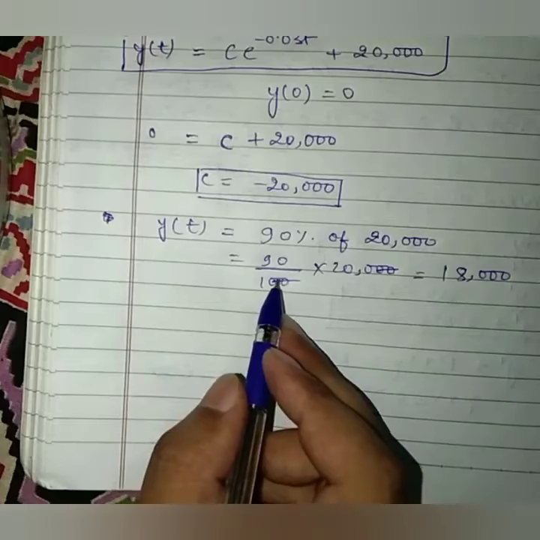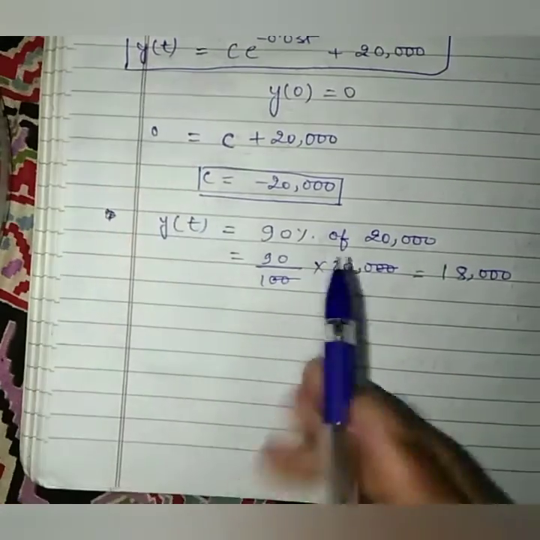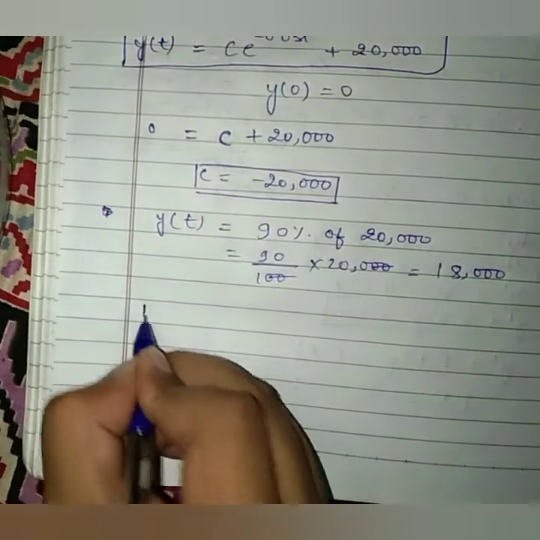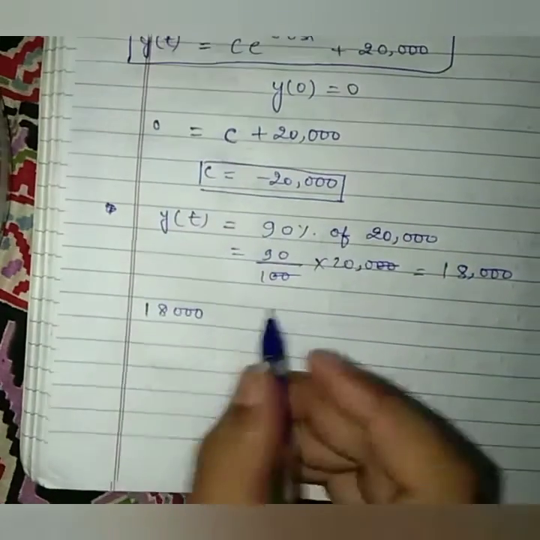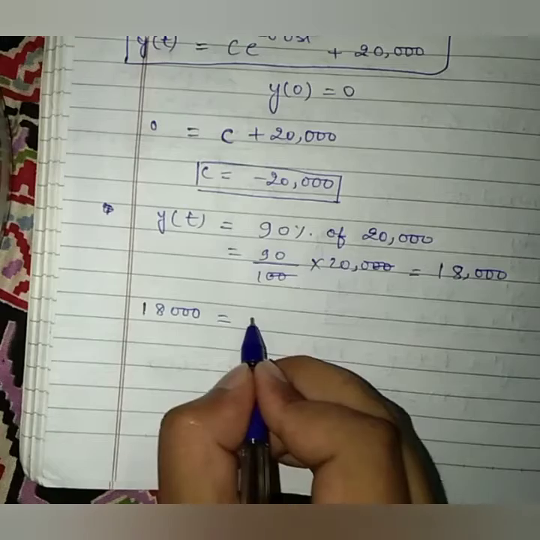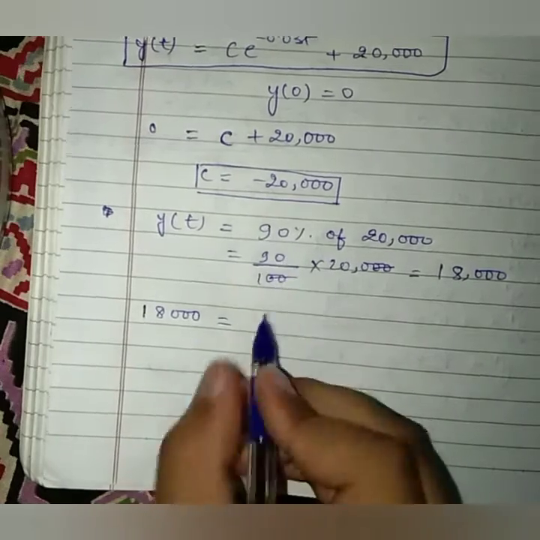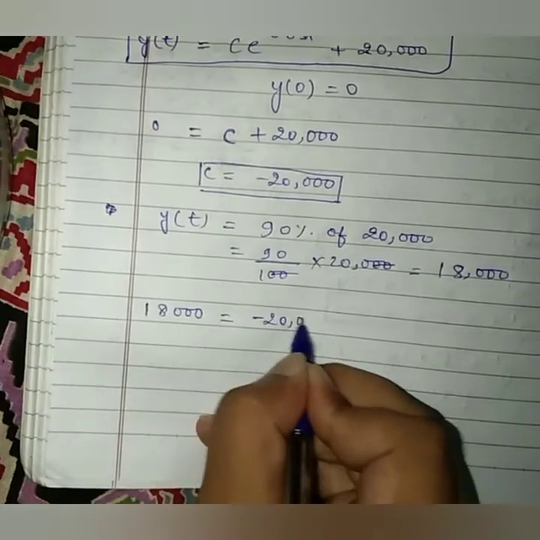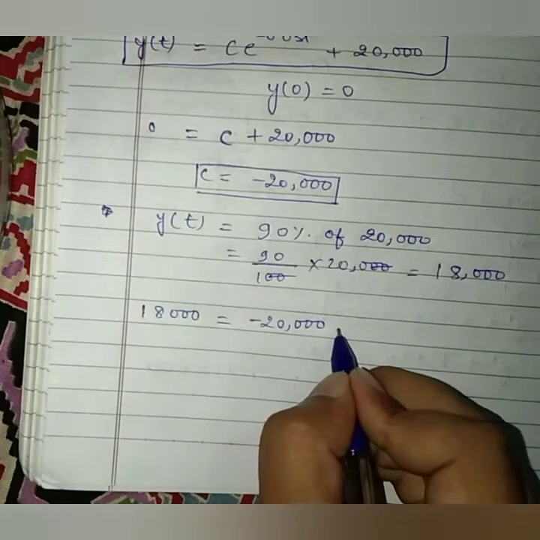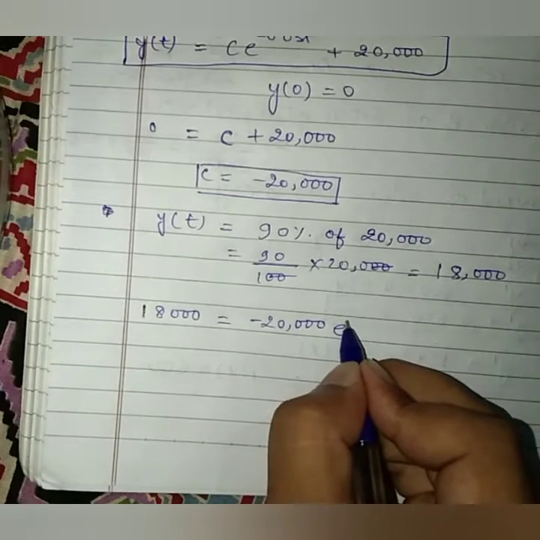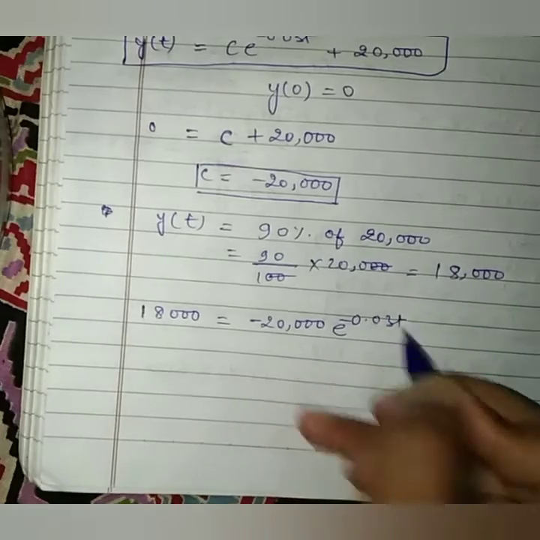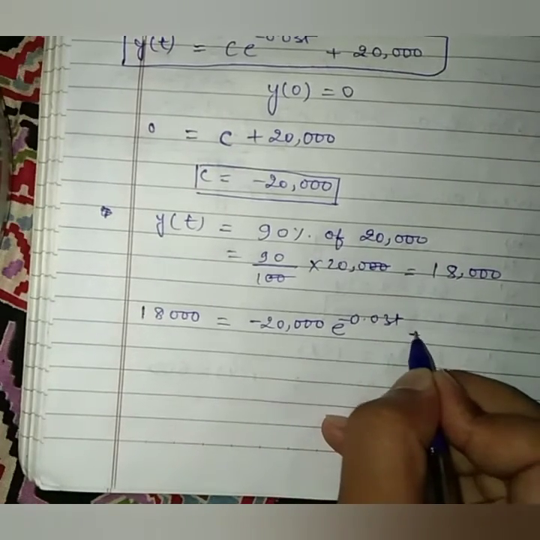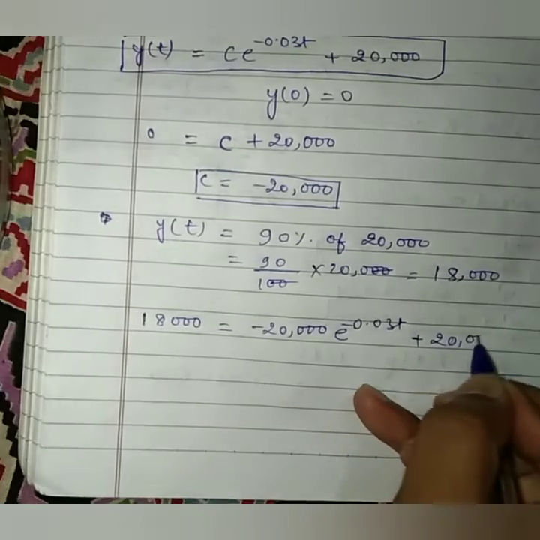So if we put y of t equals 18,000 in this equation, then c we have found to be minus 20,000, so minus 20,000 e raised to the power minus 0.03 t plus 20,000.